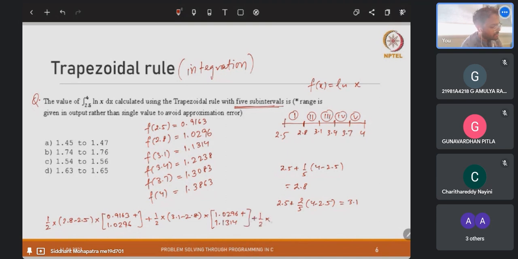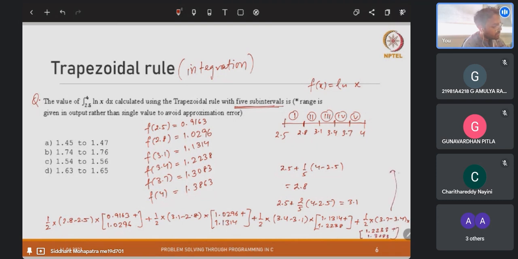Then for the third, similarly, you have 3.4 and 3.1, and the values respectively are 1.1314 plus 1.2238. Then the fourth one is half into 3.7 minus 3.4, into the values at 3.7 and 3.4, so 1.2238 plus 1.3083.